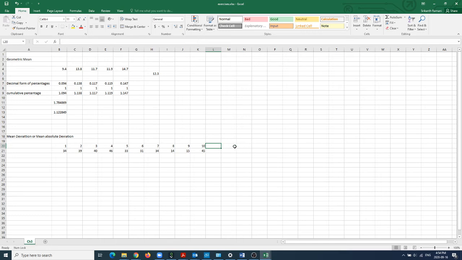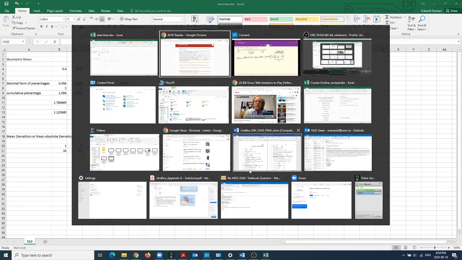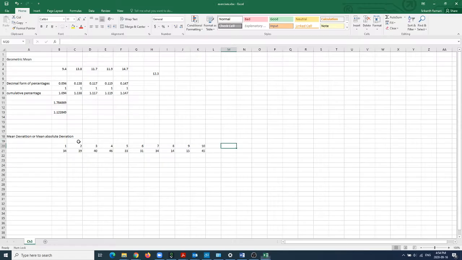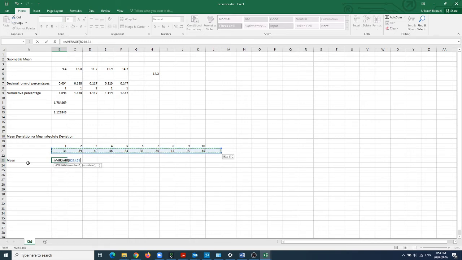In order to calculate the mean absolute deviation, what is the formula? The formula we saw before was x minus x bar. So your first step is to calculate the arithmetic mean, which is just the average of these values.